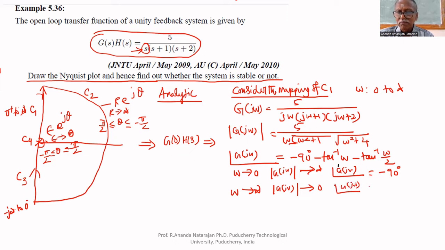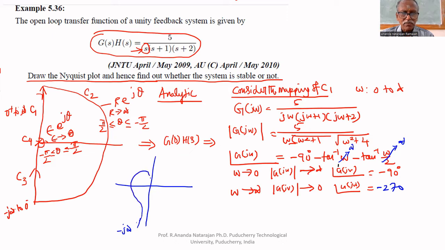Angle of G(j omega) is the sum of 3 angles. This is minus 90. When omega tends to infinity, this also becomes minus 90, and this also becomes minus 90. Therefore, minus 270. There is no numerator polynomial. That's why the polar plot starts at minus 90 degrees with infinite magnitude, and it reaches 0 at minus 270 degrees.